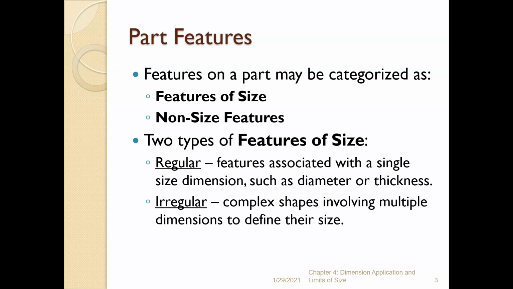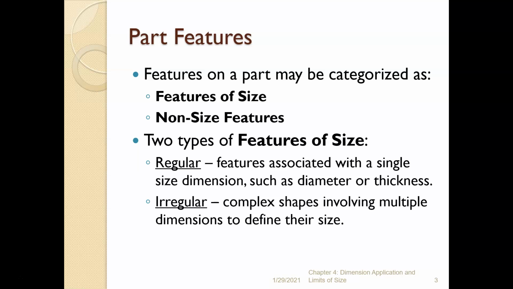Continuing with dimensions, we can categorize the features of a part as either features of size or non-size features. Okay, and this is a critical point to understand, because a lot of the GD&T tools that we're going to apply to a part are based on whether that feature is a feature of size or a non-size feature.